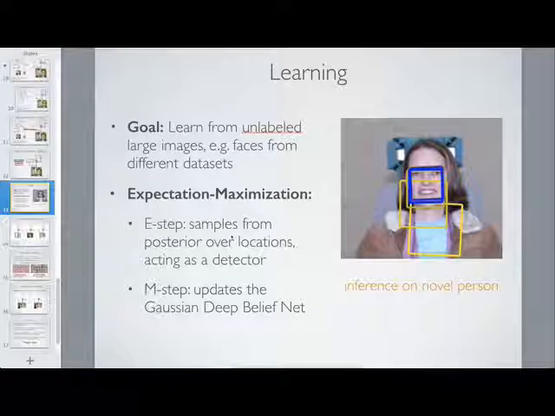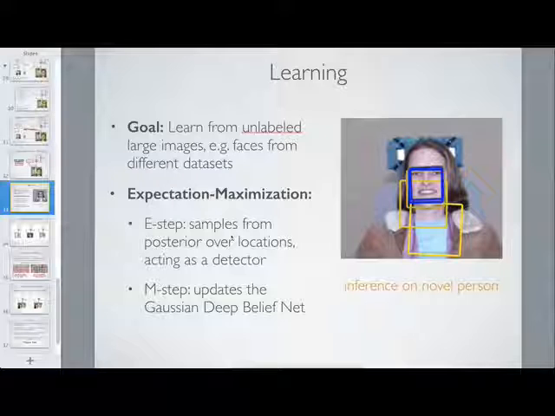So the idea here is that if you give another novel person that the neural network has never seen before, we want to be able to focus on the face and then learn the distribution of this novel person's face. And so what we do is we use the statistical technique called expectation maximization, which is a two-step process. There's an E step and there's an M step.